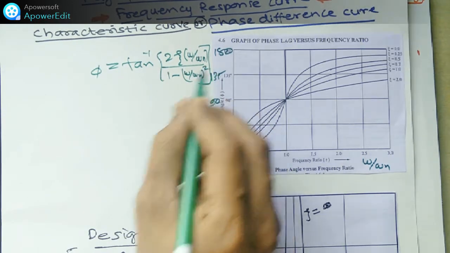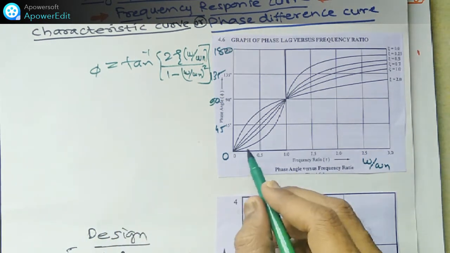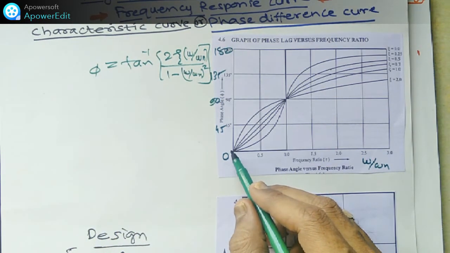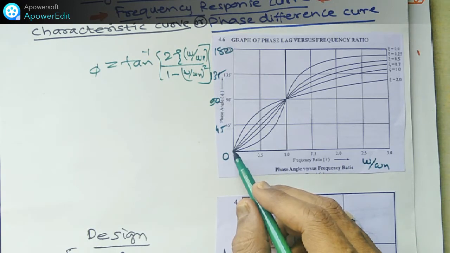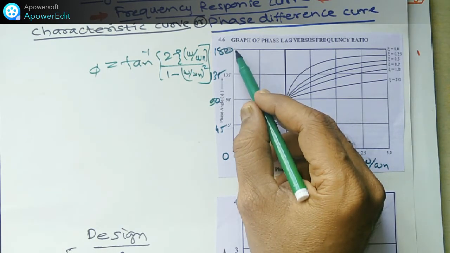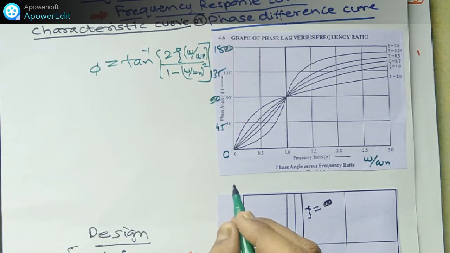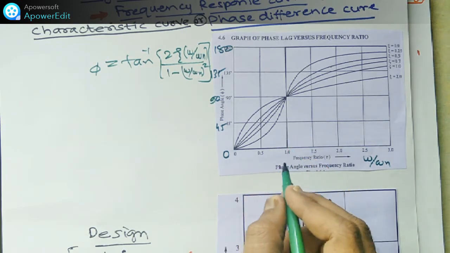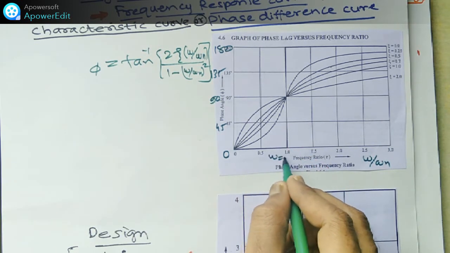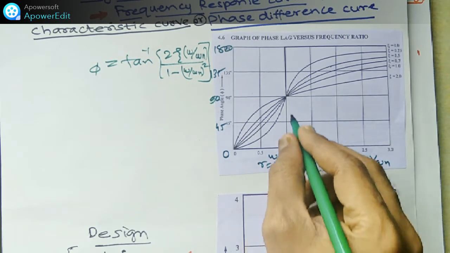The phase angle varies from 0 at low frequency to 180 at high frequency. What will happen when omega is equal to omega n, meaning r is equal to 1 here?